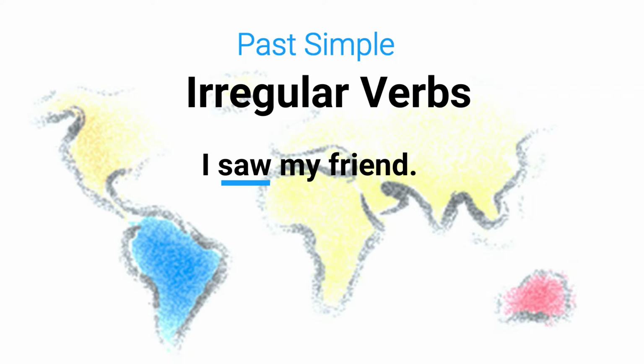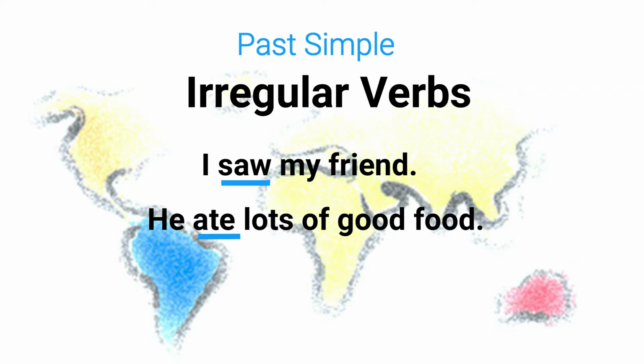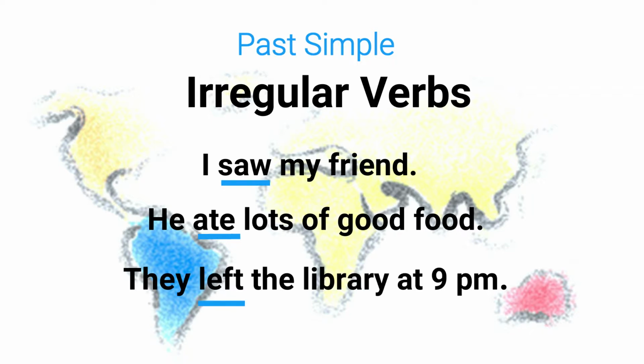Eat is another example of a verb that is irregular in the past. For instance, he ate lots of good food. And finally, leave is another example of an irregular verb in the past. They left the library at 9 p.m. Again, no eds on our irregular verbs conjugated in the past simple.